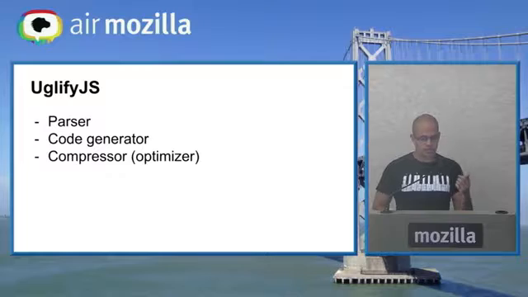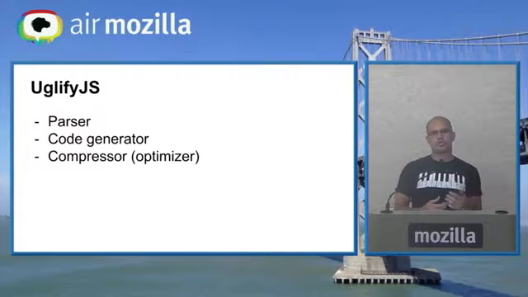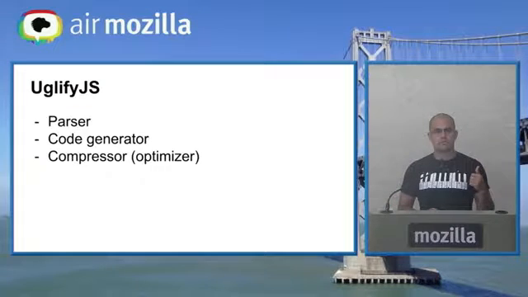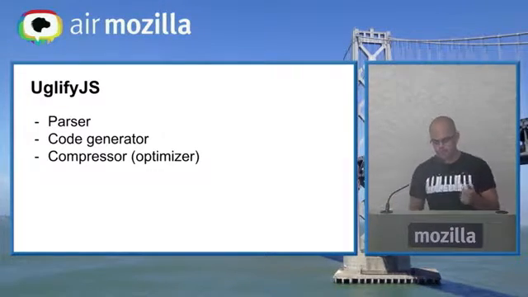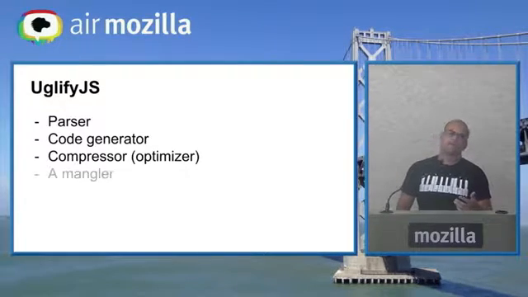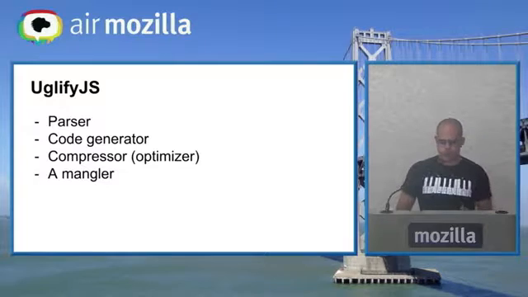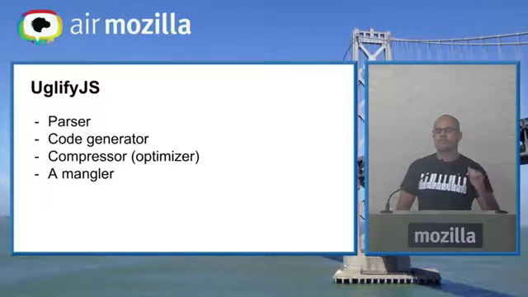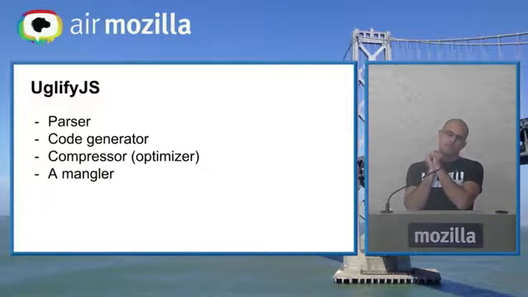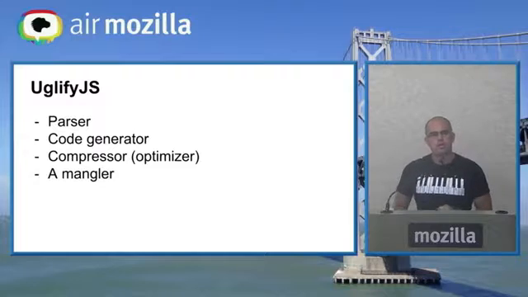We have the compressor, which uses a transformer API, which is something that we will see on the next bullet point, and it optimizes the AST into a smaller one. A mangler, which gets rid of variables that you use. It compresses your variable names to the minimum possible.